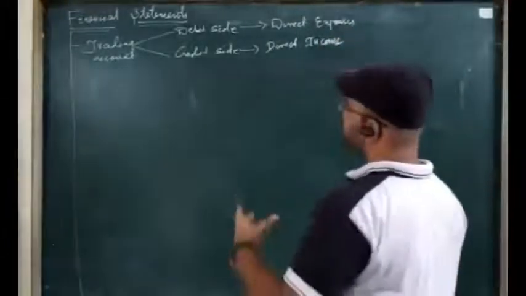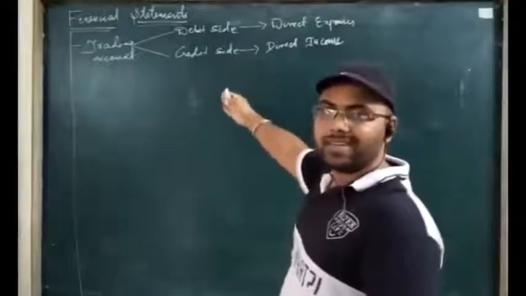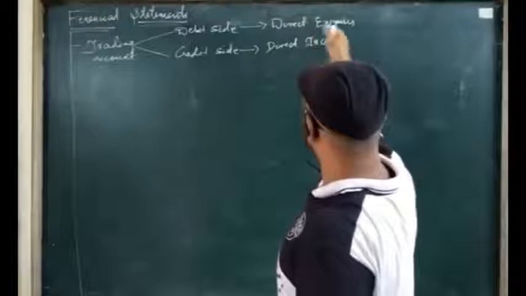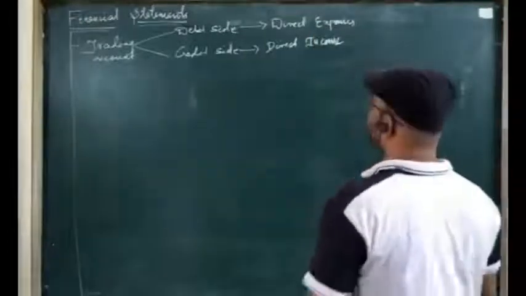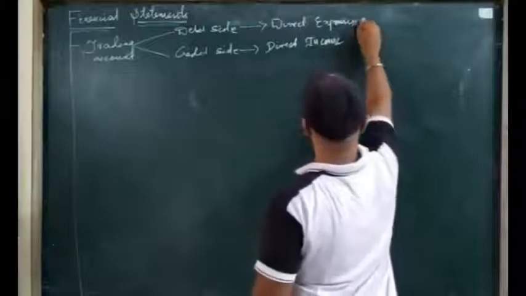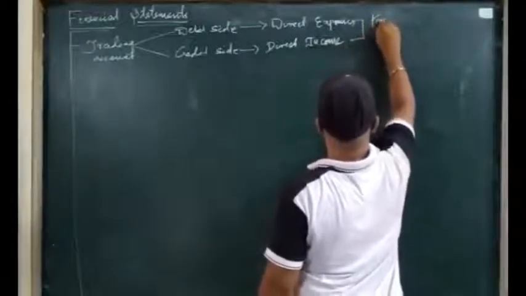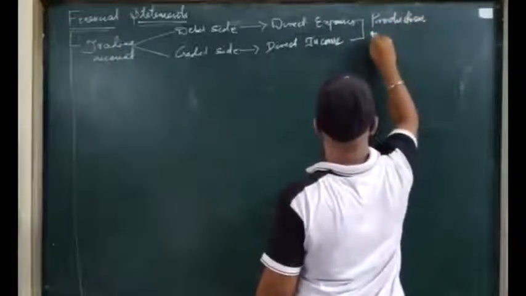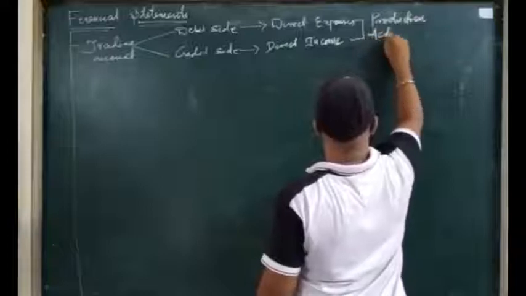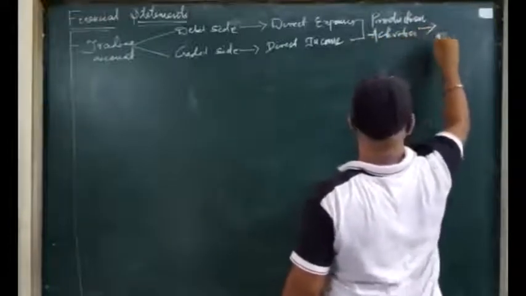So the trading account has 2 sides, debit side and credit side. The left hand side is the debit side, the right hand side is the credit side. In the debit side you write direct expenses, and in the credit side you write direct income. Now, for which purpose is the trading account prepared? The trading account is prepared for production activities. And where do production activities take place?